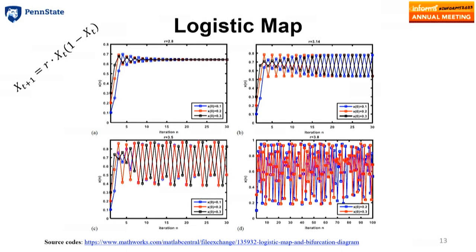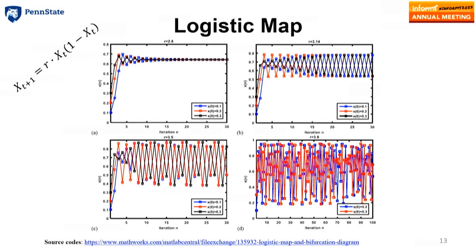The system has different behaviors. With different initial conditions, at the parameter r equals 2.8, it converges. However, at 3.414 it oscillates with period 2, for initial conditions 0.1, 0.2, 0.3. But when it goes to 3.8, the system gets a little bit chaotic.